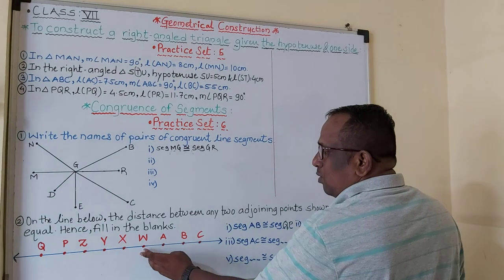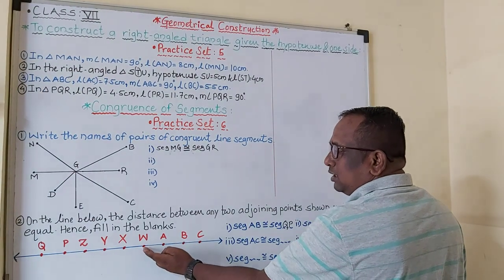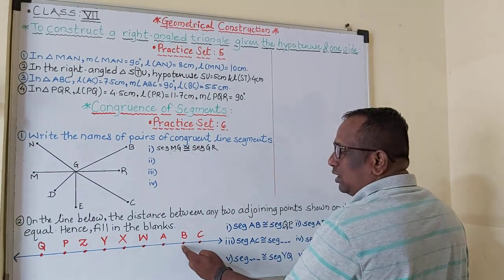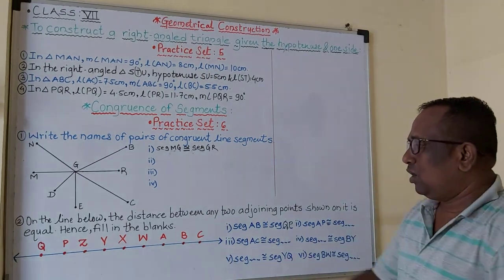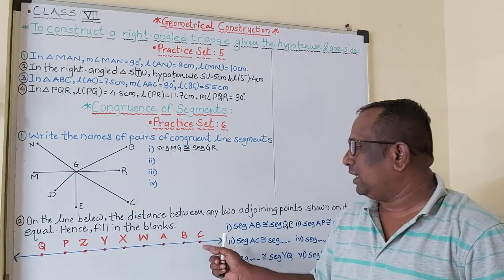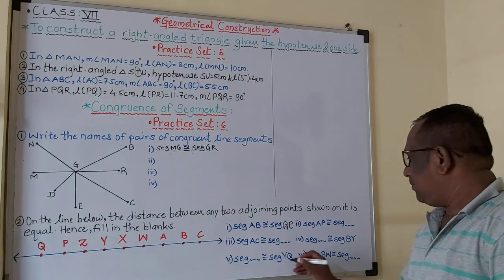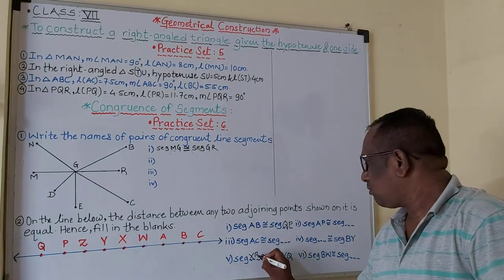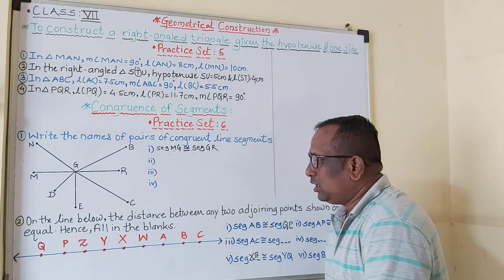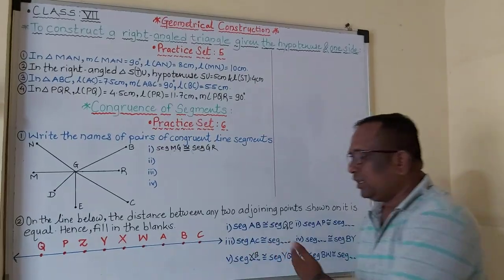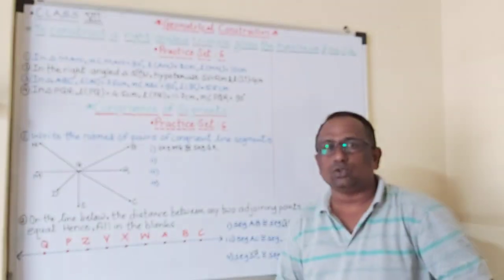XB. If you start from Y, W 1, 2, 3, 4. Okay. So XB or YC. I'll write XB. Understood? You have to count the points and then you have to fill in the blanks. I hope you understand this, students.